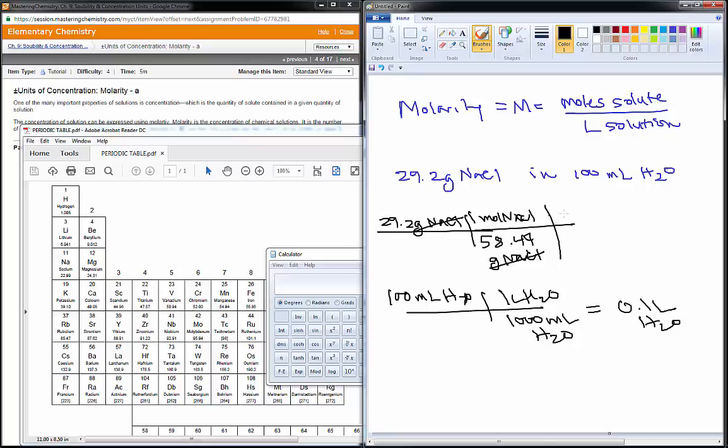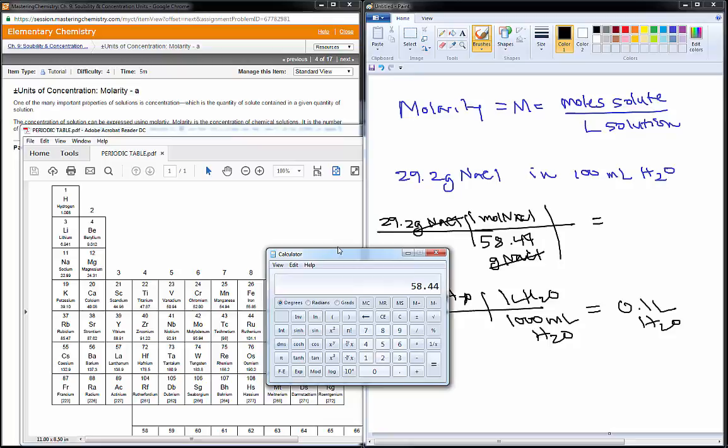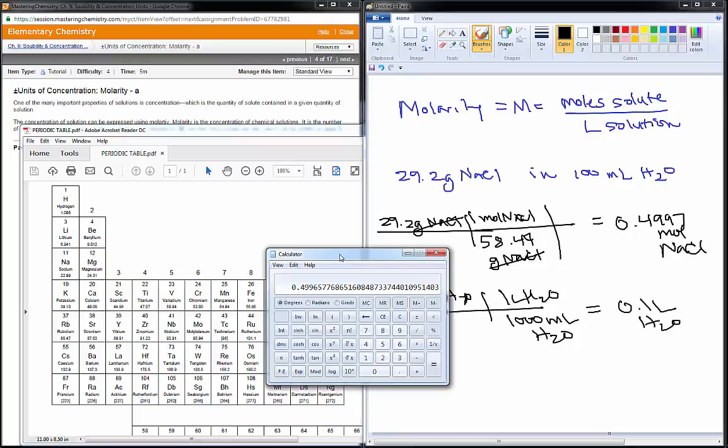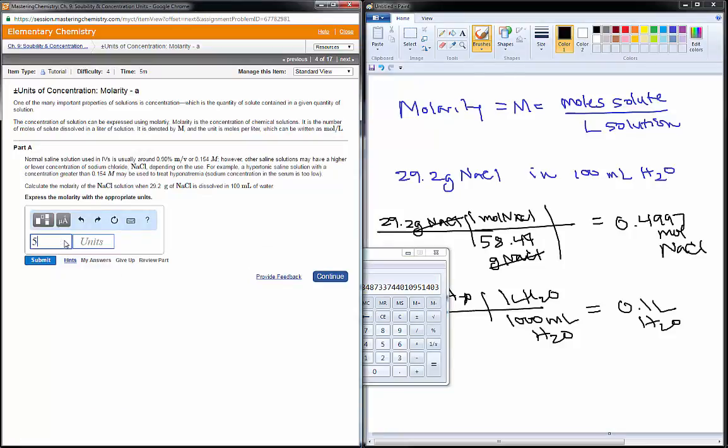And I can, oh, I didn't plug this in, did I? 0.49965. So if I have moles and I have liters, I just take the moles, divide by the liters, and I get a molarity of about 5 molar.